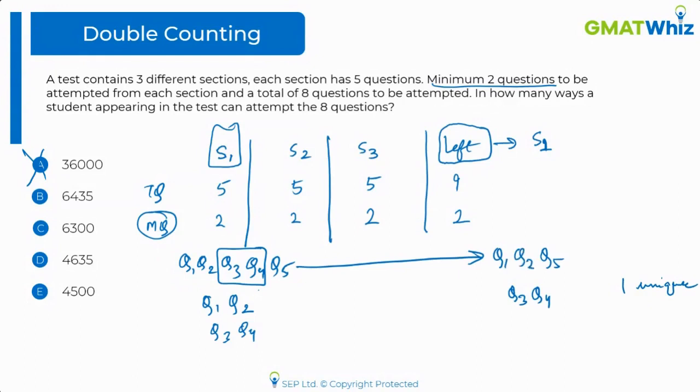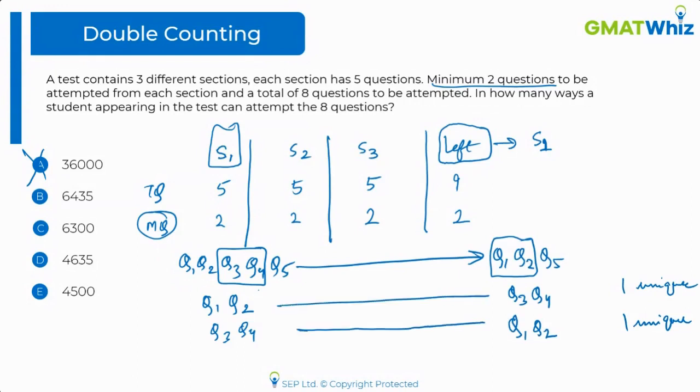From the leftover quota, I might end up selecting Q1 and Q2. This is another unique scenario because I'm doing selections multiple times. But the questions I've attempted are the same 4 questions, counted 2 times here.